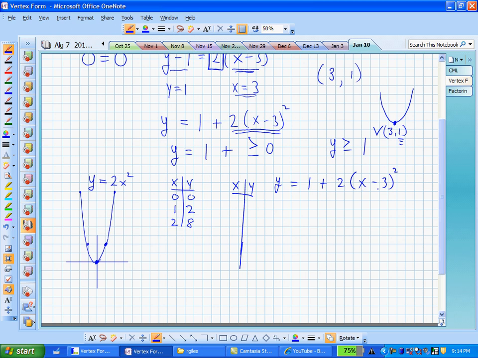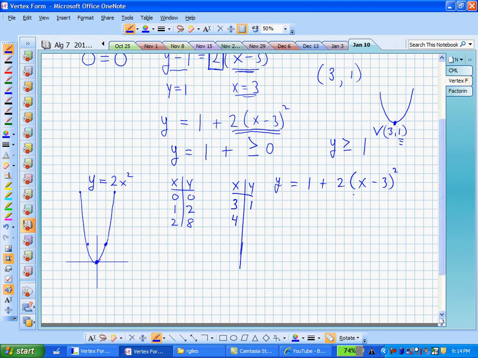If we plug in 3 for x, 3 minus 3 is 0. We square it, we get 0. Multiplied by 2, we get 0. Add 1, we get 1. Now, if we go 1 unit over to the right, we would go from x equals 3 to x equals 4. What happens there?